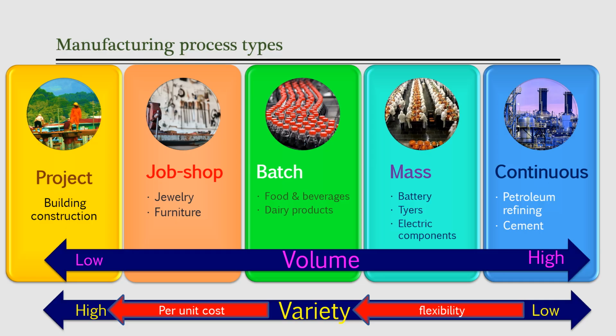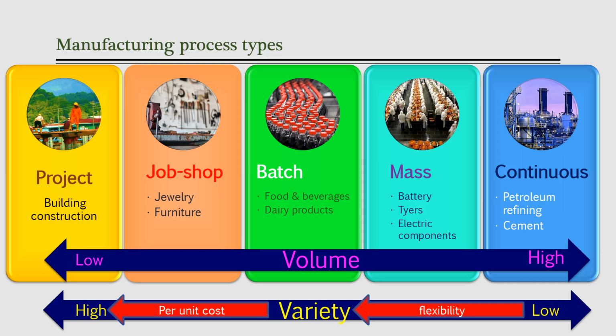And when the products are customizedly made, you can add more variety, which means you can be flexible in the manufacturing process. When we are going to do customized production, then the cost per unit is increasing based on the variety.